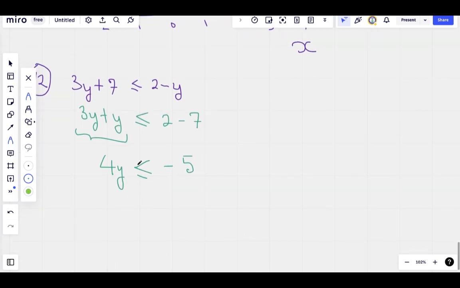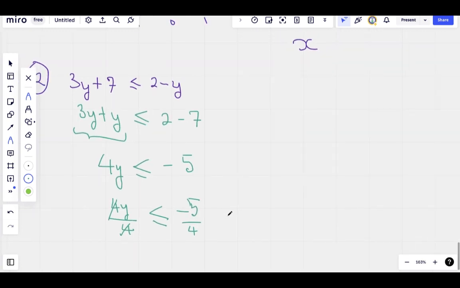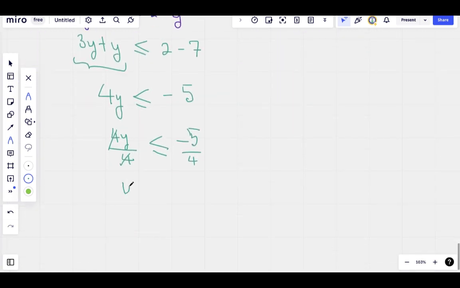So you divide both sides by 4. Since you are not dividing by a negative, the sign will not swap. So you divide both sides by 4, you have 4y over 4 less than or equal to -5 over 4. So this cancels this. All we have left is y, less than or equal to -5 over 4.